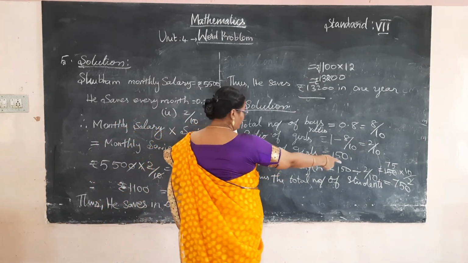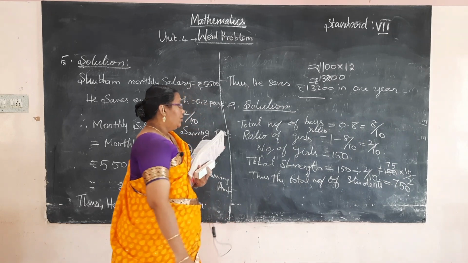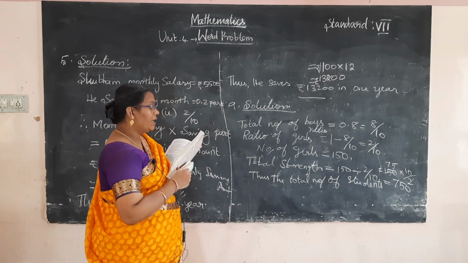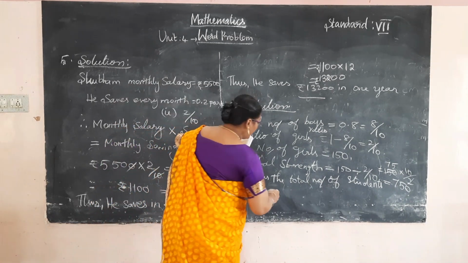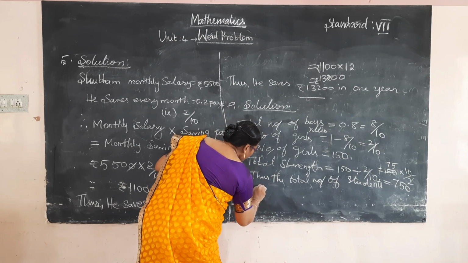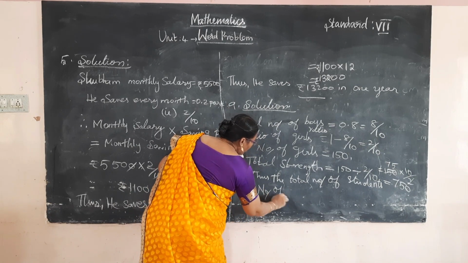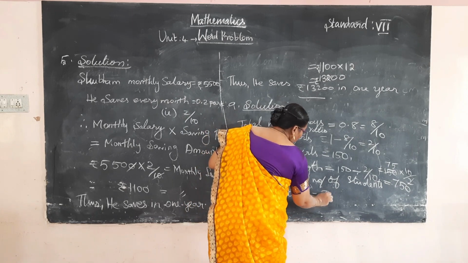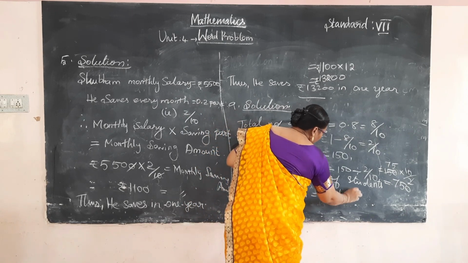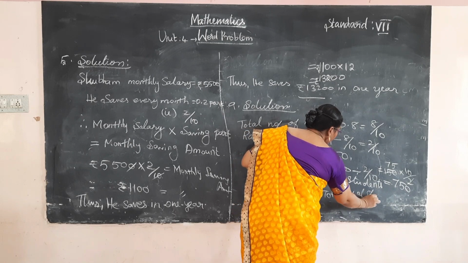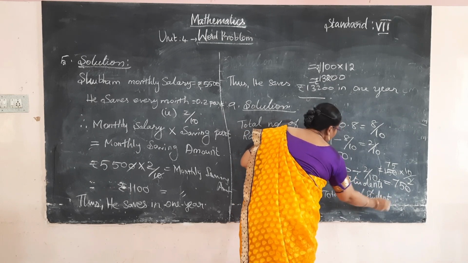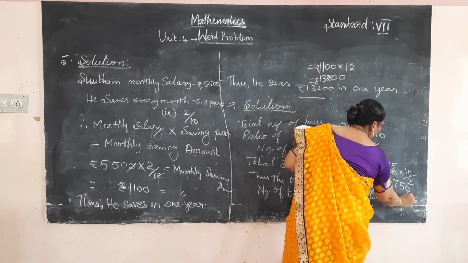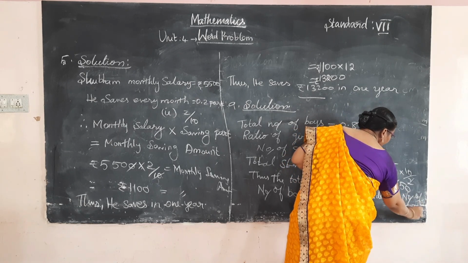Now we have to find out the number of boys. So subtract 150 from 750. So number of boys is equal to total number of students minus number of girls.